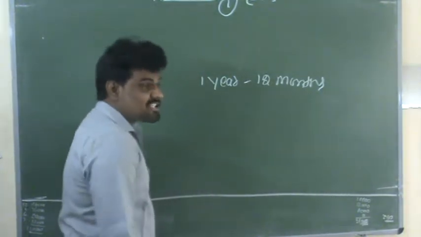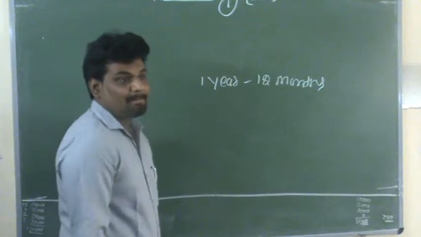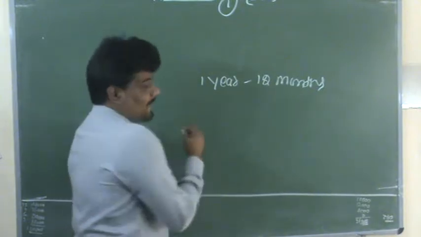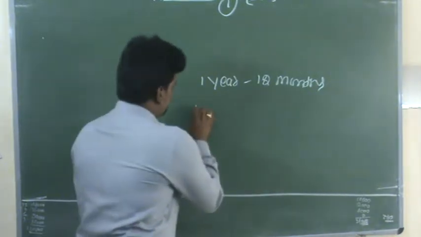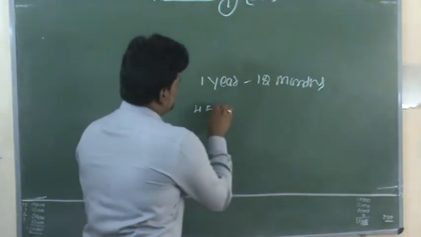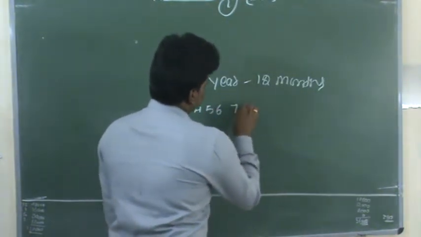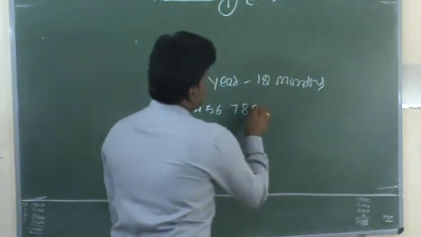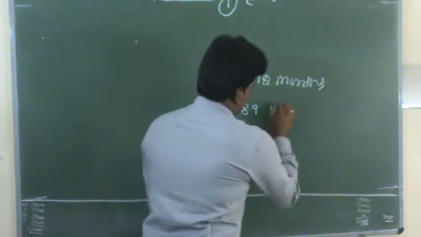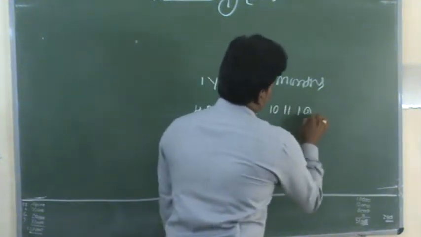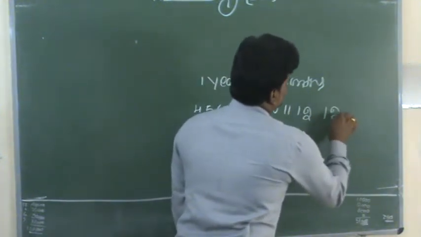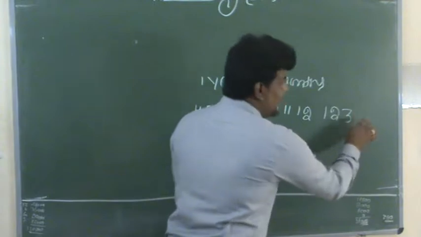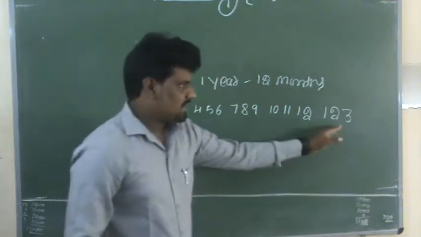Suppose the assessment year begins in the month of April: April means 4, then 5, 6, 7, 8, 9, 10, 11, 12, 1, 2, 3. The 3 means the end of the year, March 31st.